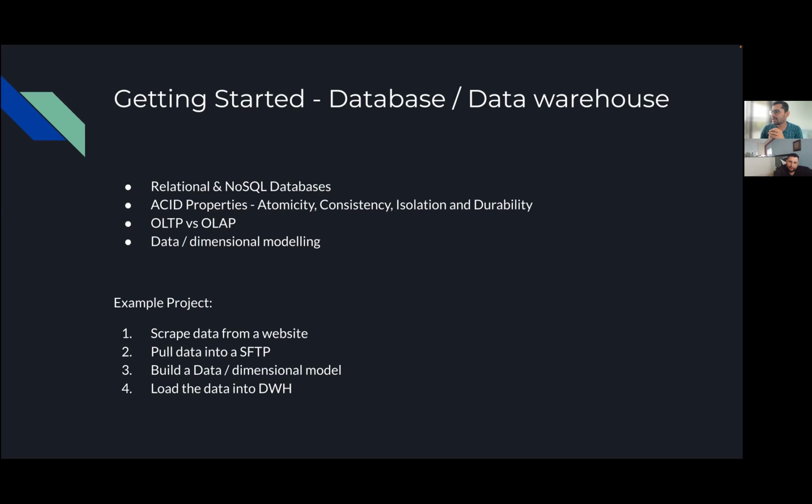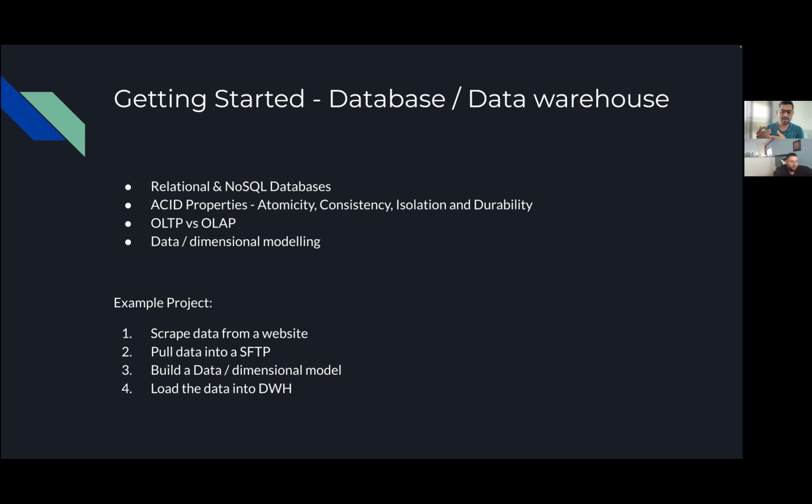And also on relational databases, there's something called ACID properties, which is atomicity, consistency, isolation, and durability. These are concepts that are very important in terms of relational databases. Based on these concepts, you will have to design your ETLs in a way that you capture the right data.